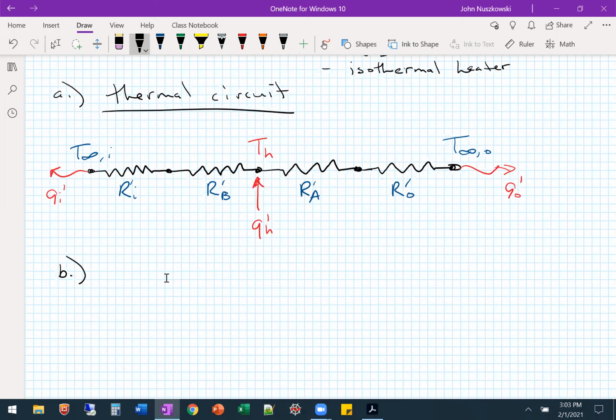So where do we begin? If we started with the heat, well, heat is delta T over R, right? So where do we want to start with delta T over R?